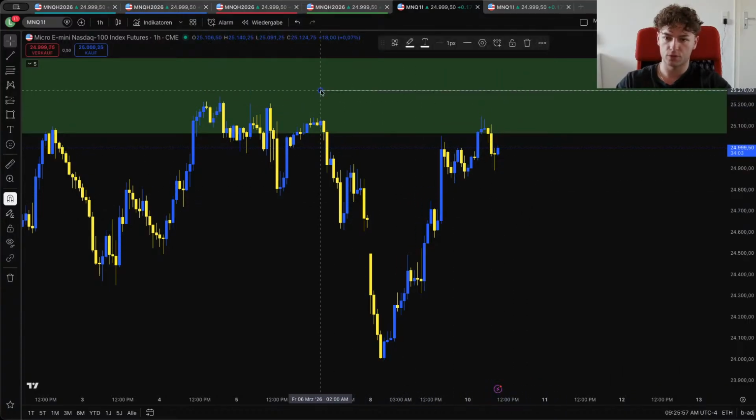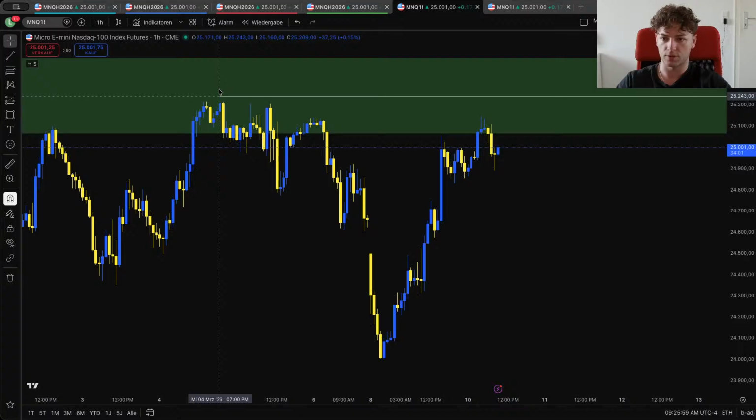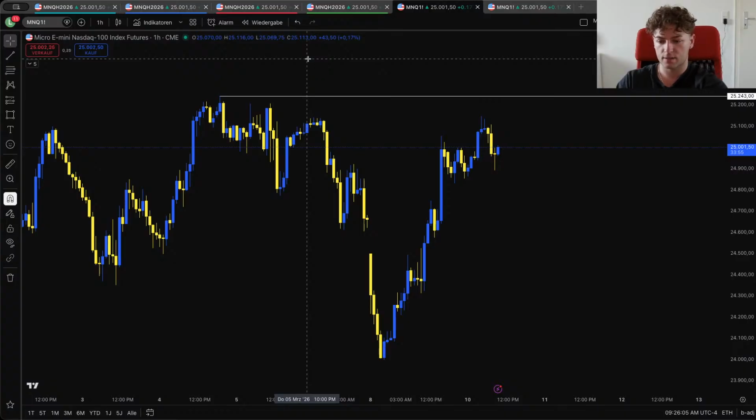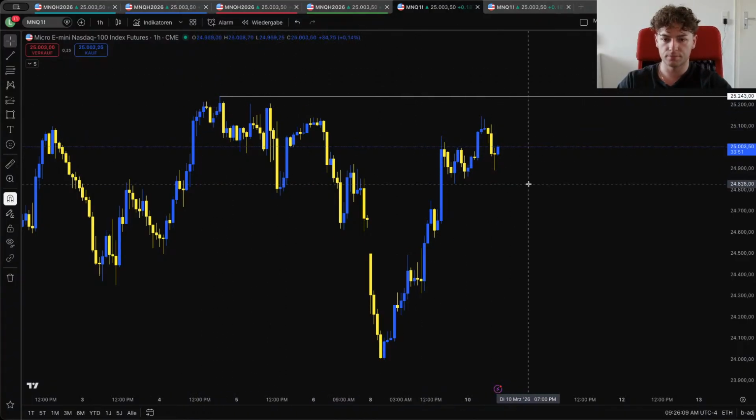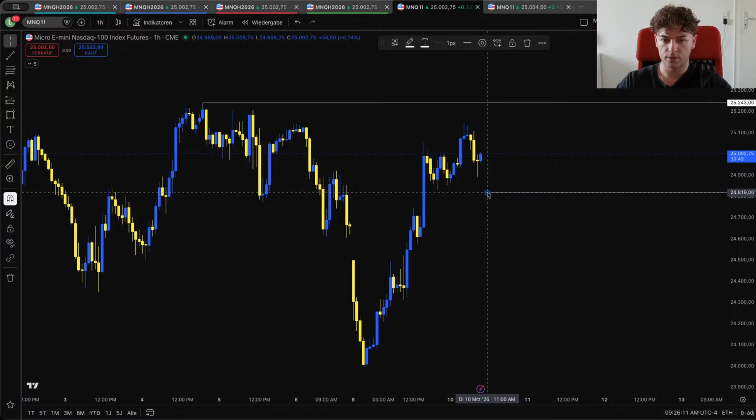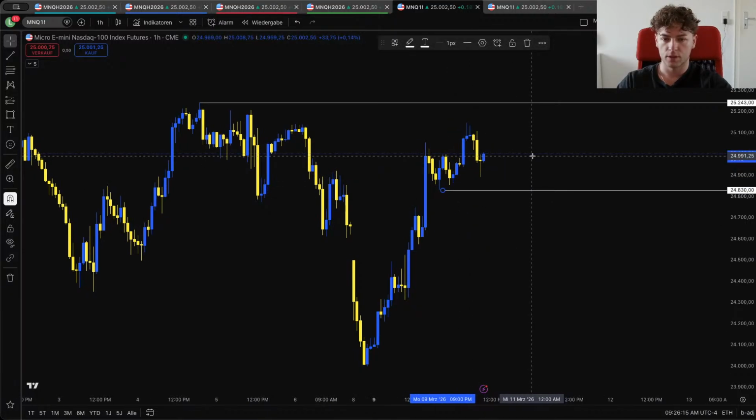So what you should be doing is just map out liquidity pools, which is this one right here. So we have obvious relatively equal highs right here. We have obvious relatively equal lows right here.